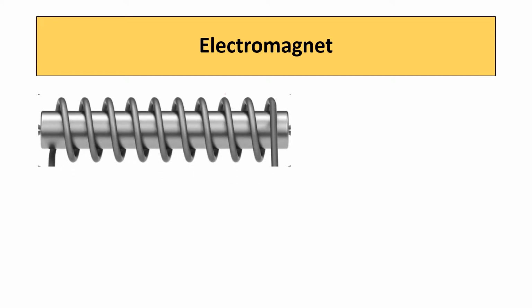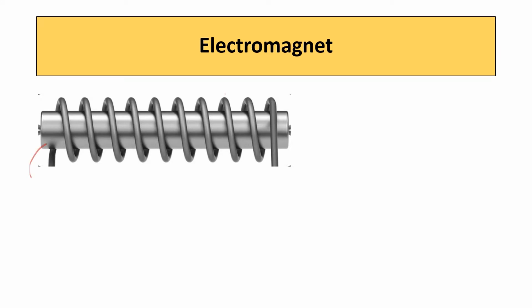What is an electromagnet? We understood that a strong magnetic field is produced inside a solenoid. If you introduce a magnetic material into this solenoid, that magnetic material will become a magnet. Say magnetic material, soft iron, is introduced into the solenoid.